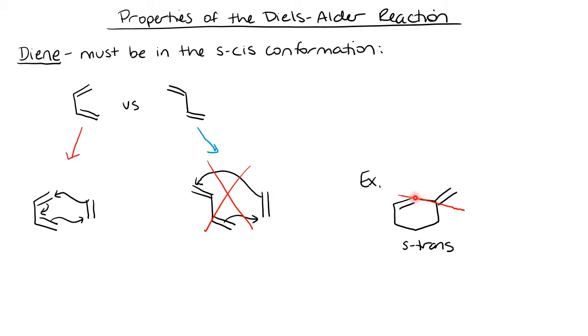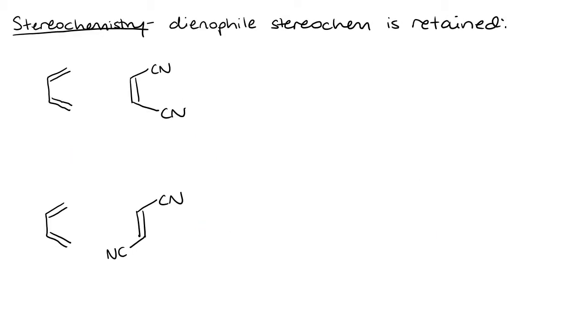Now we cannot rotate around this bond because it's in a ring, so it's locked in this particular conformation. So this is an example where we cannot have Diels Alder occur. If we have our diene, our conjugated diene, not in a ring, we do have the rotation around that single bond to allow it to adopt the S-cis conformation.